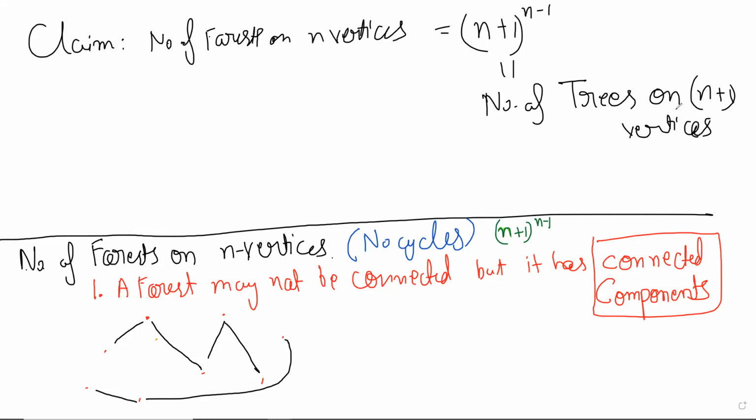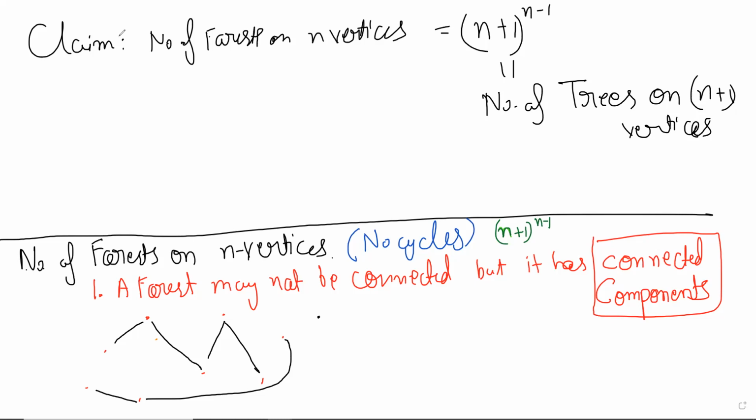So now this will suggest what you need to do to go from a forest to a tree. Exactly. You have to just add a vertex, but what else? You add a vertex. That's right.